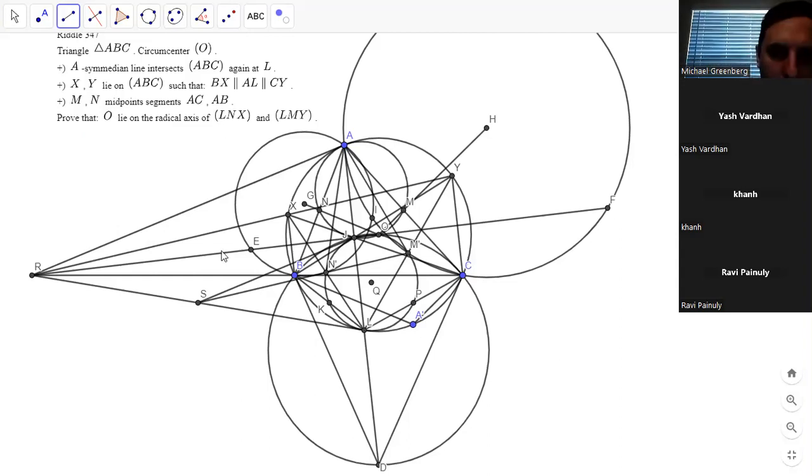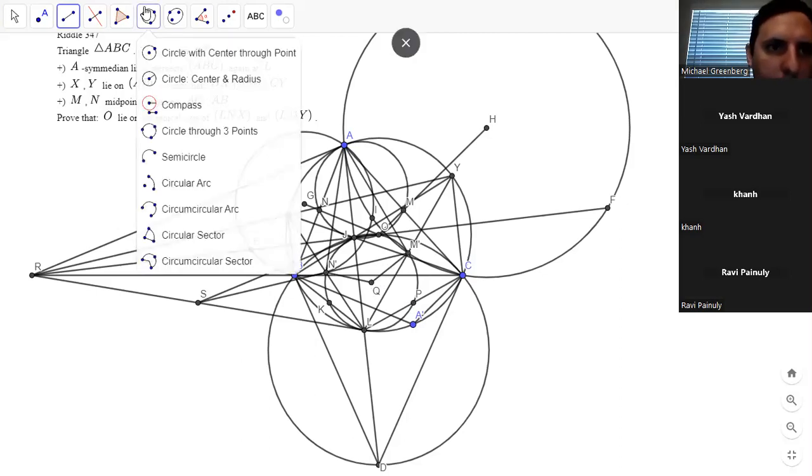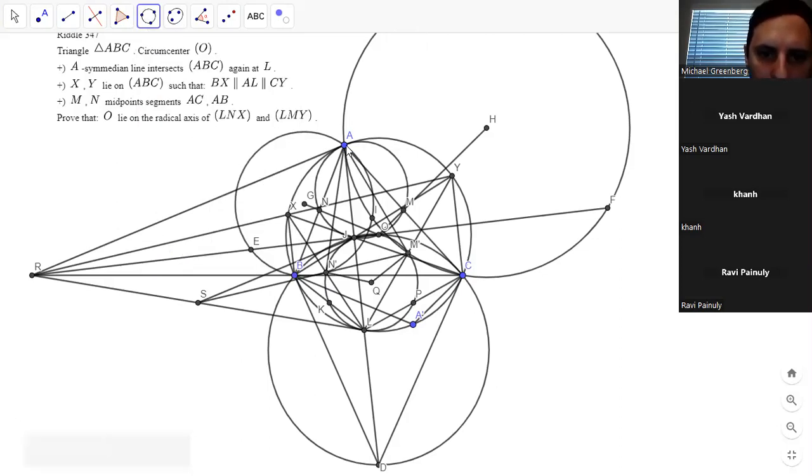So yeah, these are tangents and these are tangents. So if that's tangent, then can we say anything about this? Wait, why isn't that cyclic?